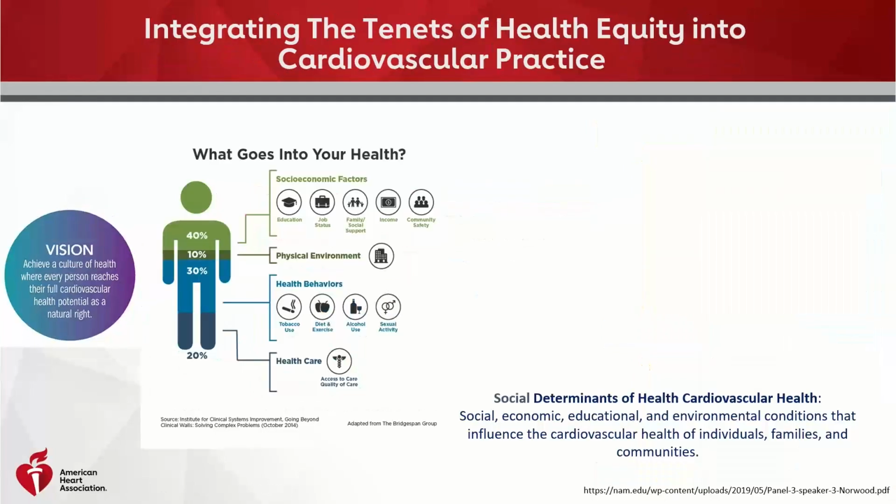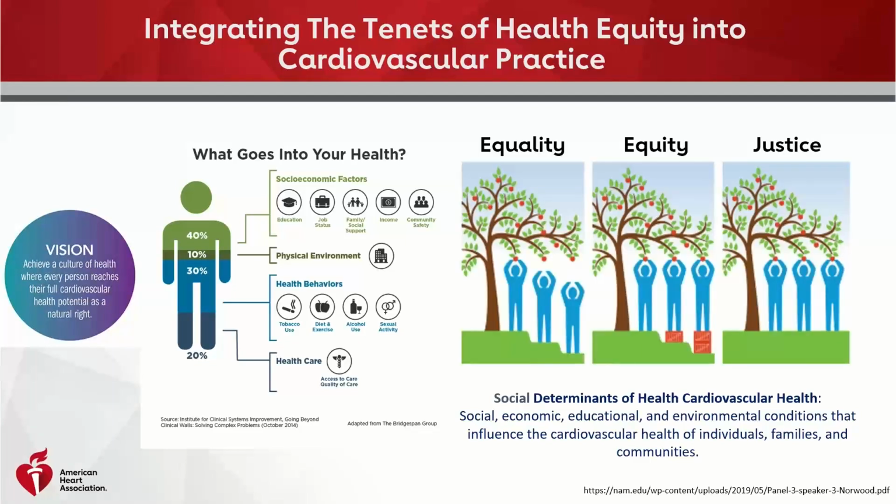And as we talk about health equity, and as we talk about the social determinants of health, we all realize that in order for us to integrate the tenets of health equity, we're really talking about trying to achieve social justice.